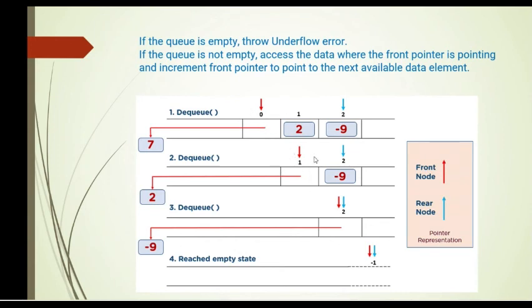Initially it was 0. Similarly, if you try to dequeue one more element, it would be incremented once more and would become 2. But since we check the initial condition, that is front equal to rear, if it is so, both front and rear would be set to -1. That means there are no more elements in the queue.